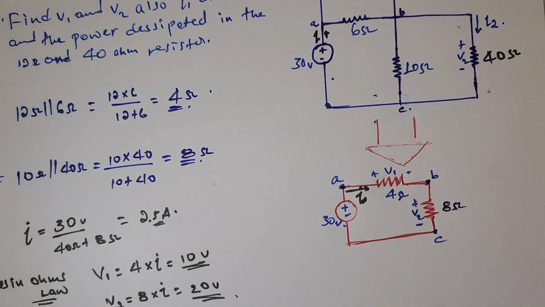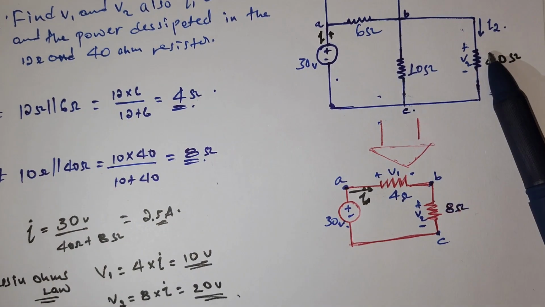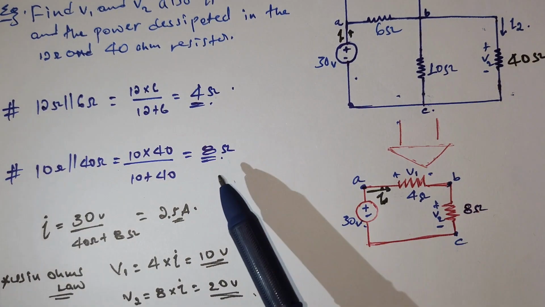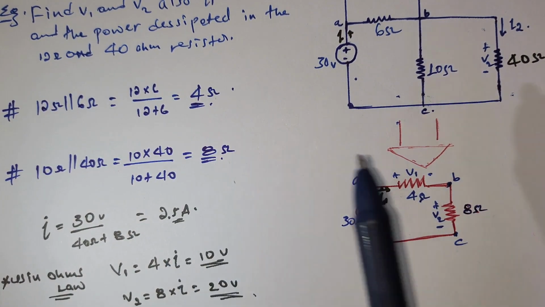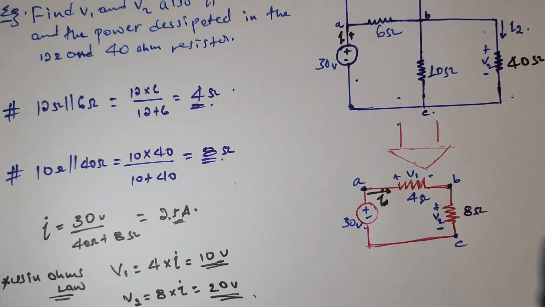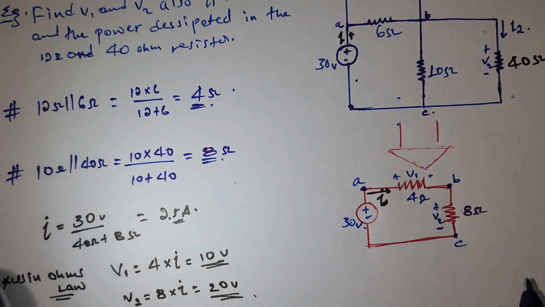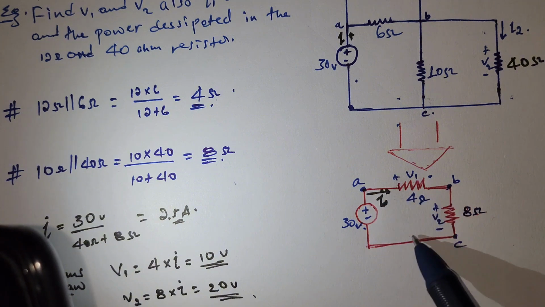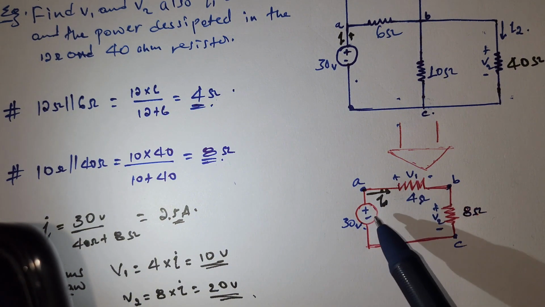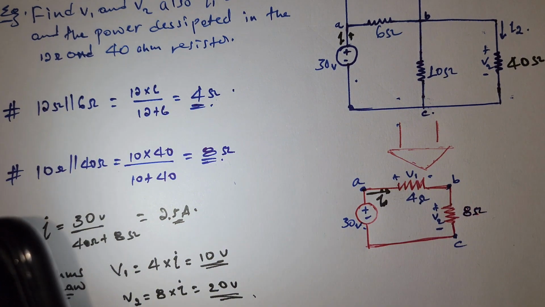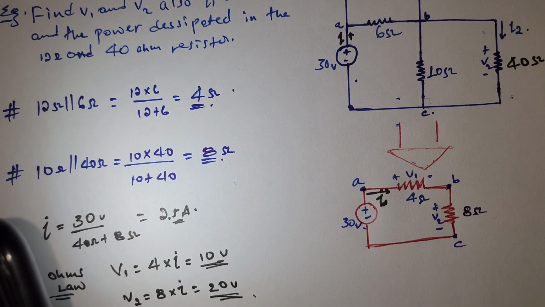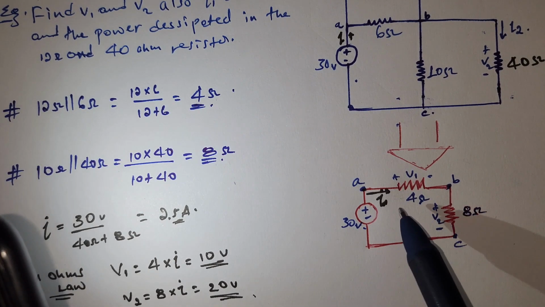The equivalent of these two resistors, 10 and 40, is 8 ohm, as you see right here. Now we can calculate V1 and V2. As you see, this is a more simplified form. We can simply calculate this by using KVL.